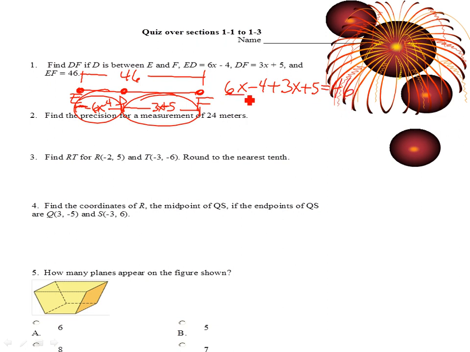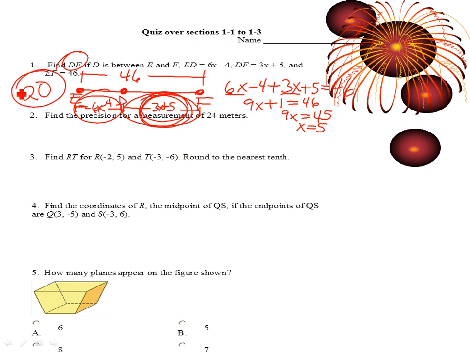Collect like terms: 6x and 3x give us 9x, negative 4 and 5 give positive 1. 9x plus 1 equals 46, subtract 1 on both sides, 45, divide by 9, x is 5. Is that our answer? No. They ask us to find DF, so we go back and plug it into 3x plus 5. 3 times 5 is 15, plus 5, 20. So the answer should have been 20.